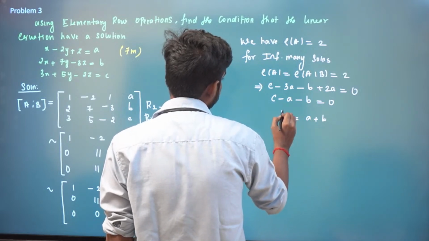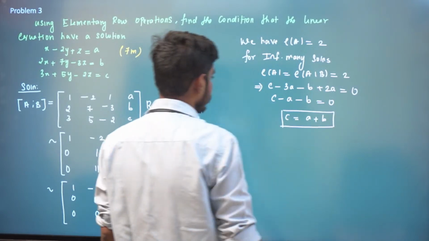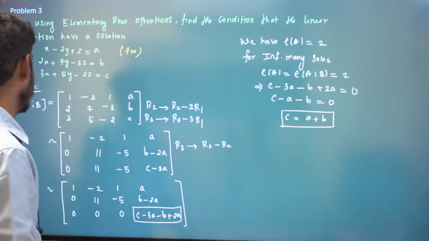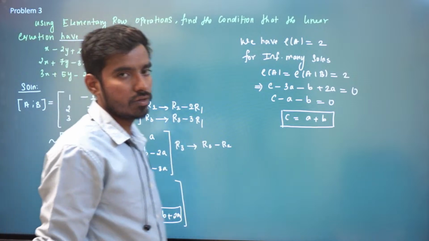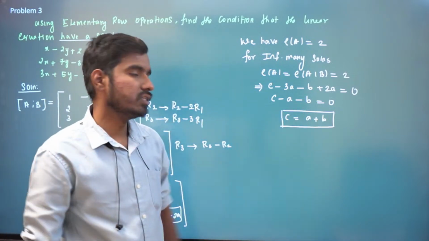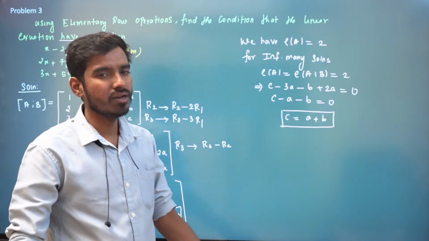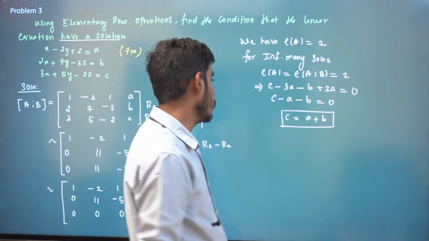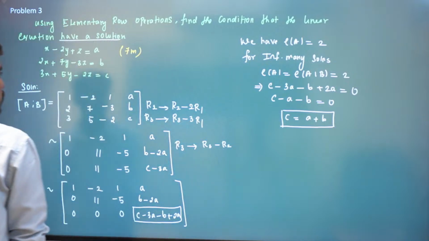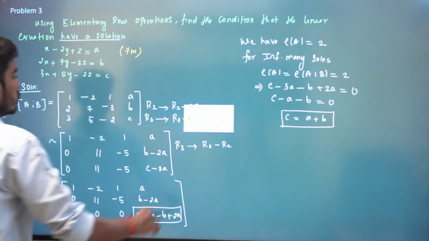So that means c is equal to a plus b. So whenever c is equal to a plus b, it has a solution, right? So it will have infinitely many solutions. If c is equal to a plus b, it will not have a unique solution, but it will have infinitely many solutions. This is the condition on a, b, c. Okay.